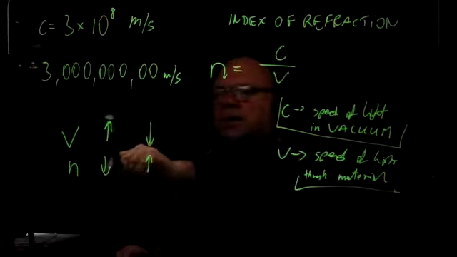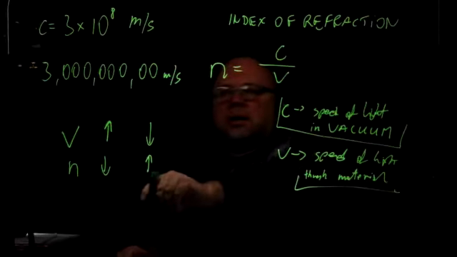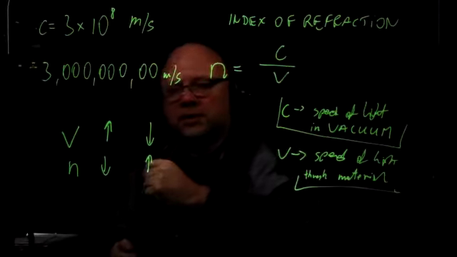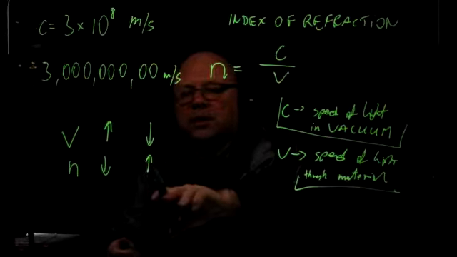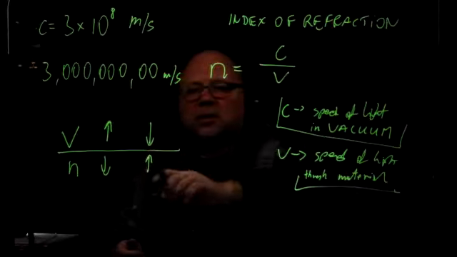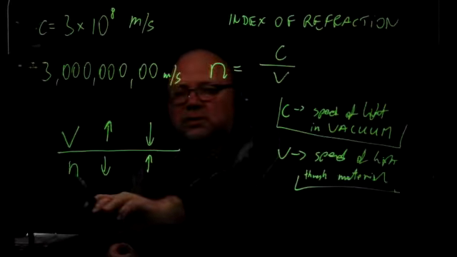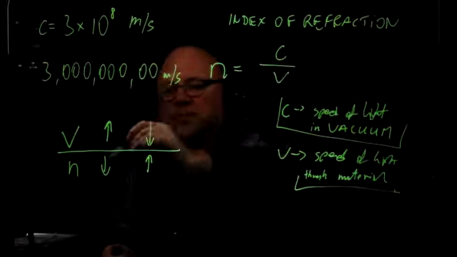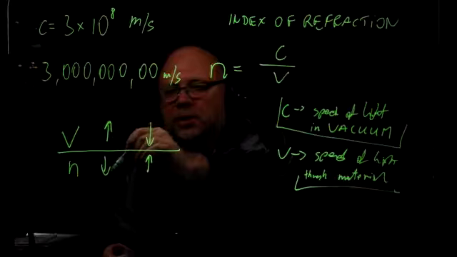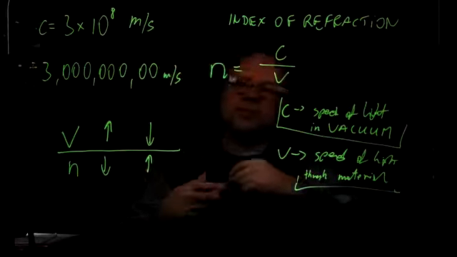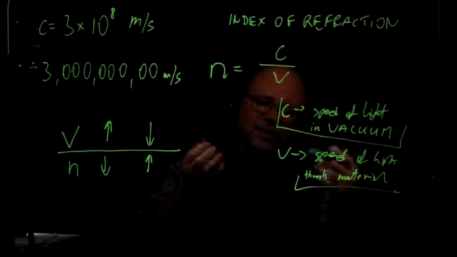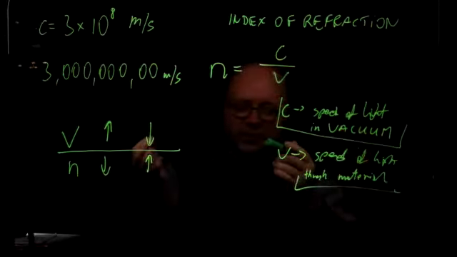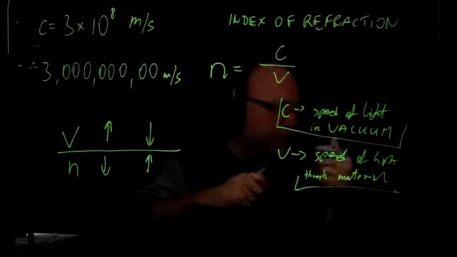So if there's a higher index of refraction, the speed of light is going to go down. A higher index of refraction slows down the light more. Okay.